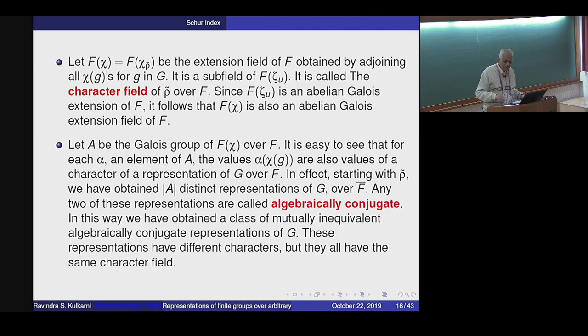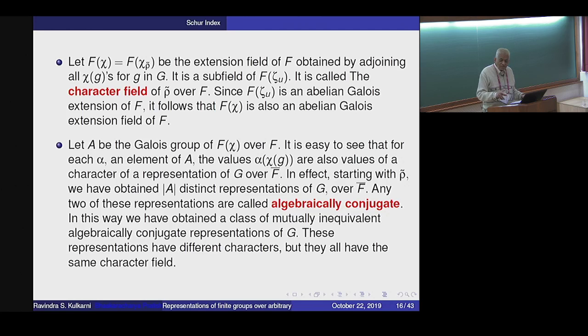It is easy to see that for each alpha, an element of A, the values alpha(chi(g)) are also values of a character of a representation of G over F bar. So in effect, starting with rho tilde, we have obtained the cardinality of A many distinct representations of G over F bar.